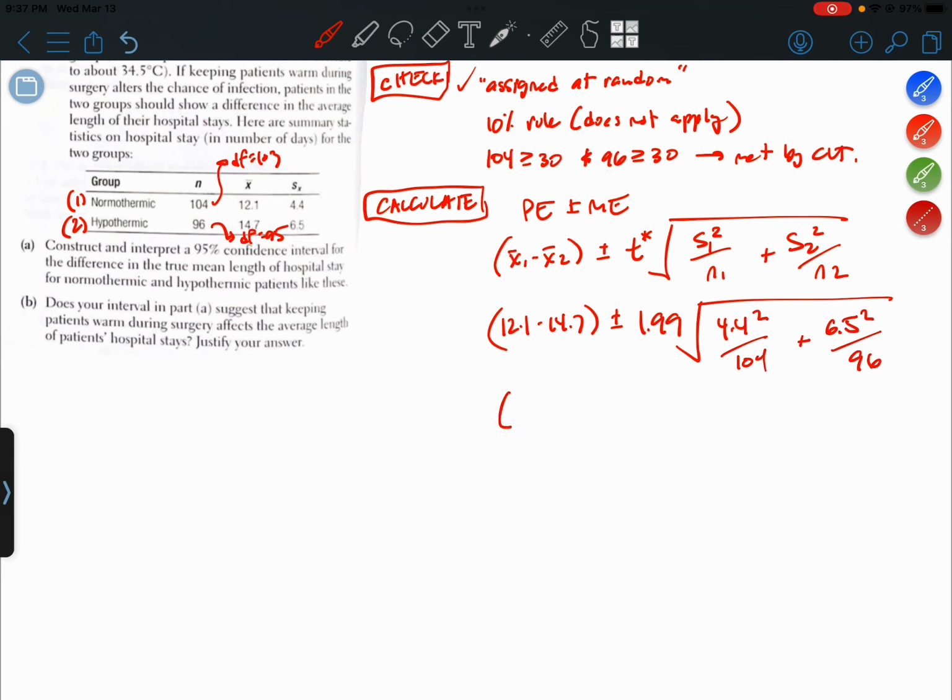All right, so the left endpoint of the interval is negative 14.17. And the right endpoint of the interval is negative 11.03. All right, and now our conclusion.